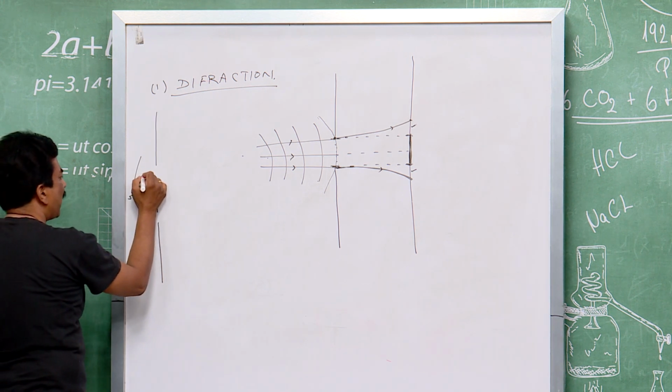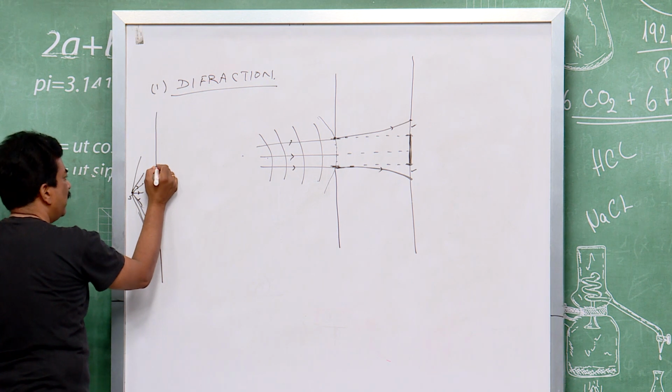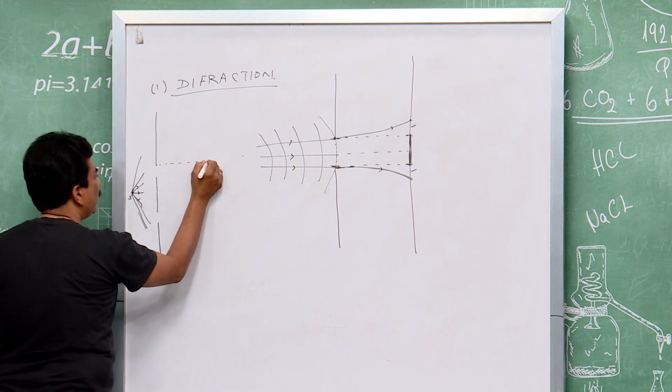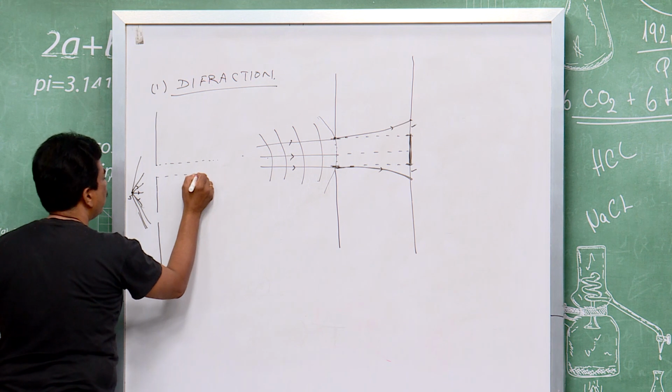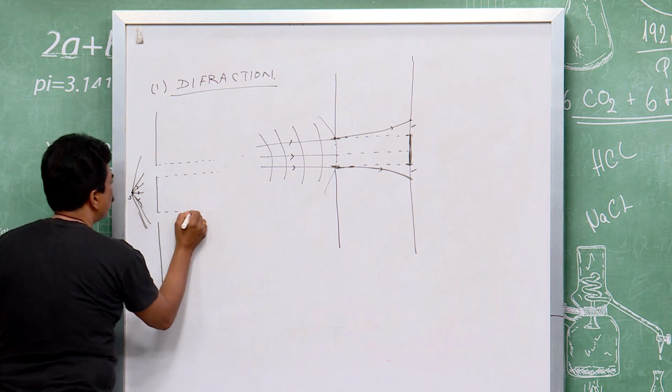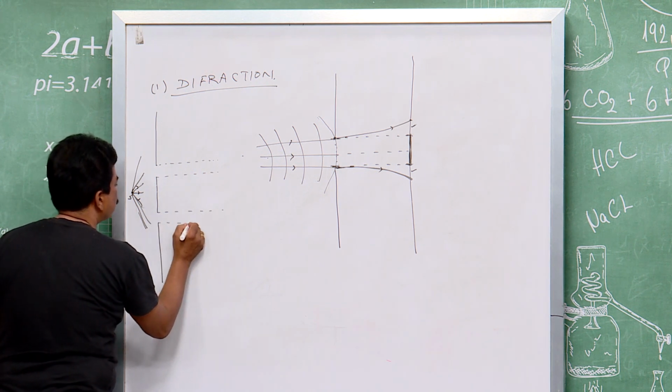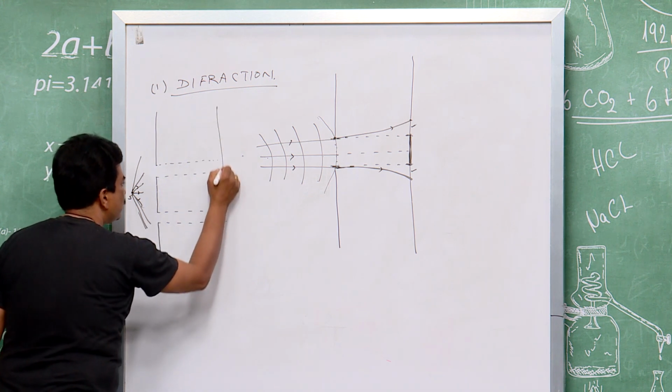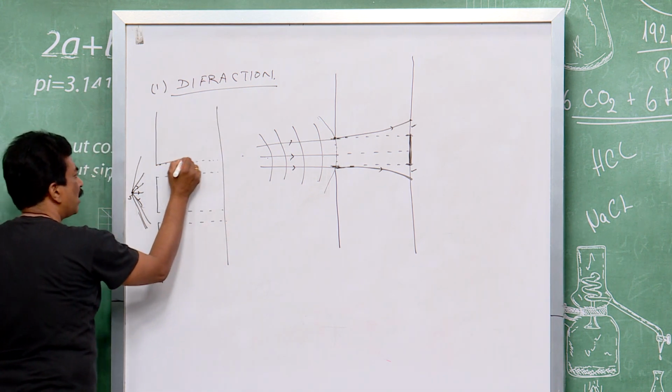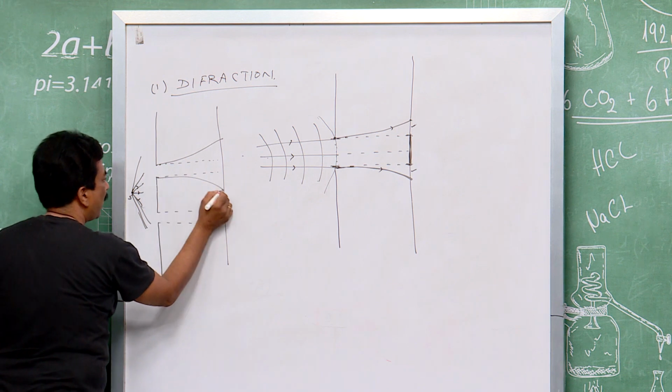So while this light is coming up to this point, it moves in a straight way, here also in a straight way. Suppose this is the screen, here also the light bends, here also the light bends.